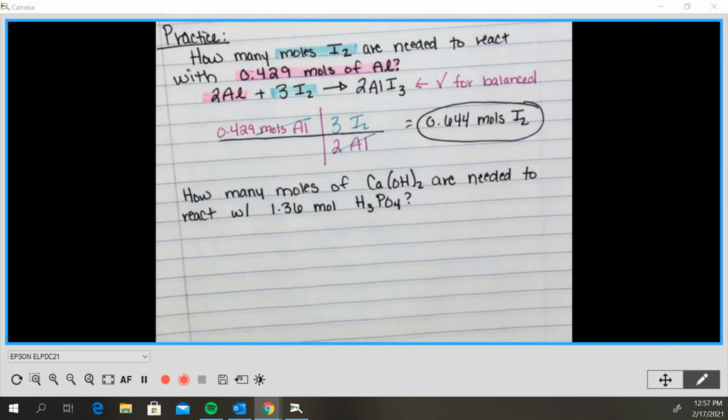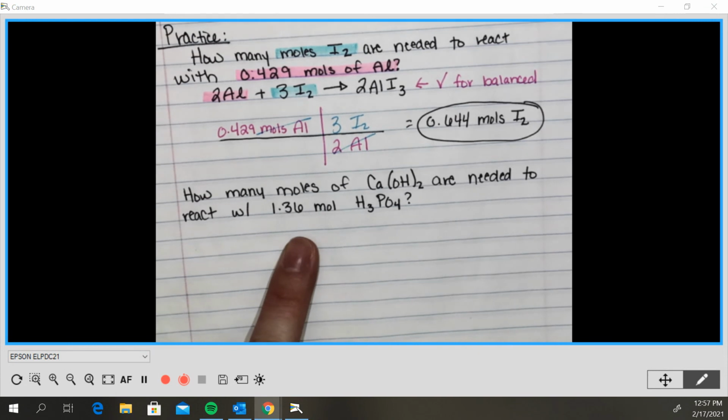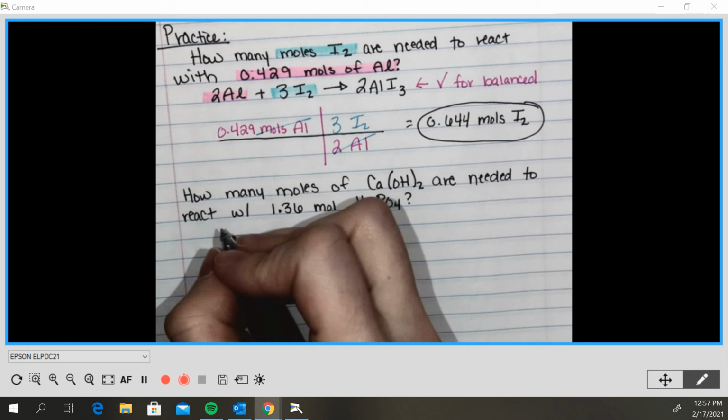I promise the next time we do these notes, your problems will be written out for you. So it's not like you're going to have to write your practice problems like we are today. Your chemical equation.